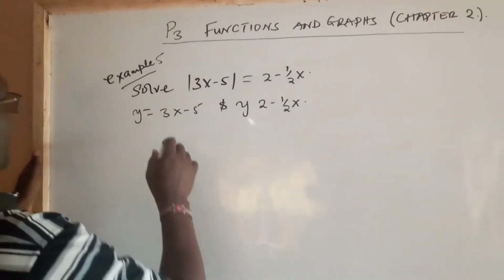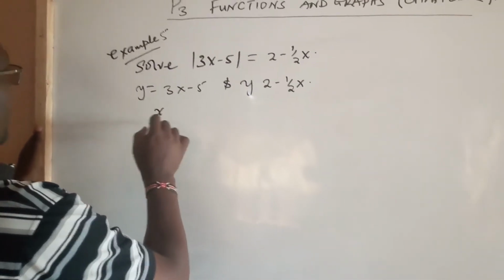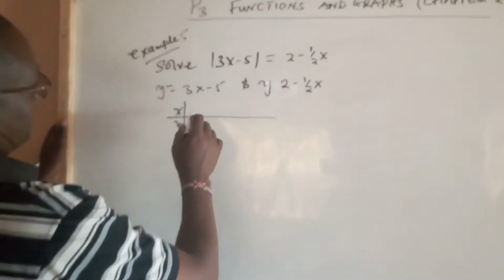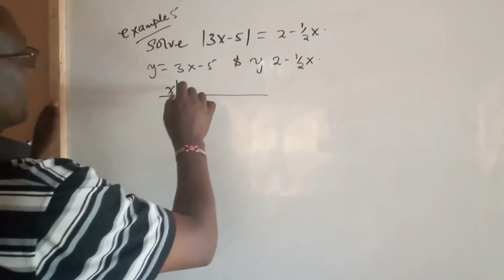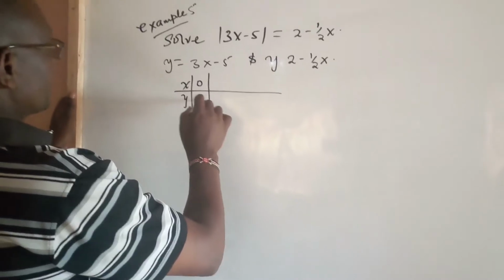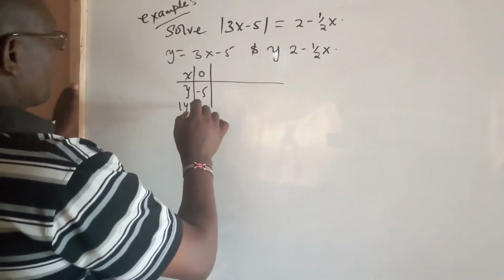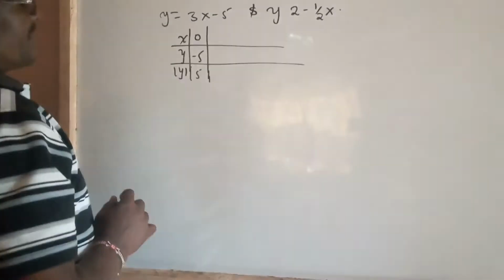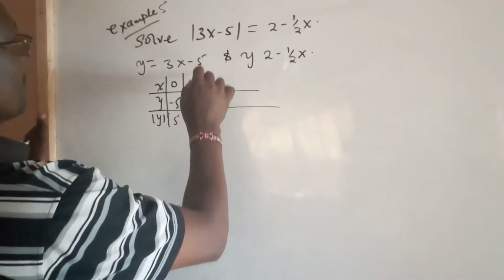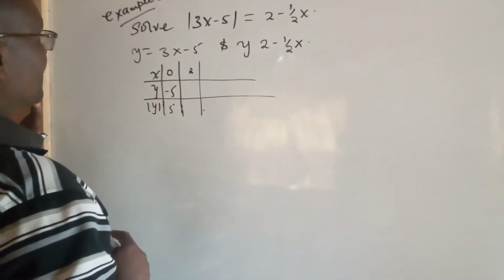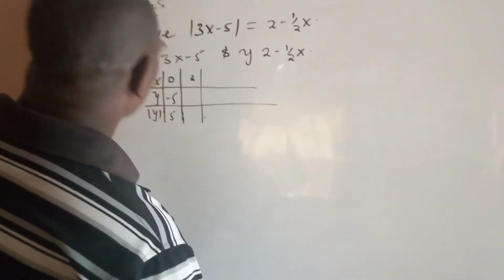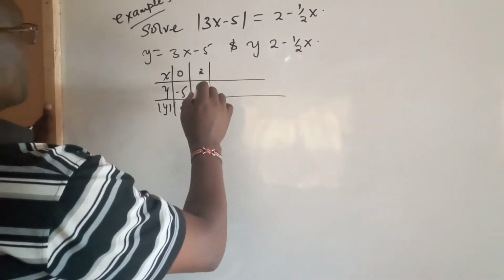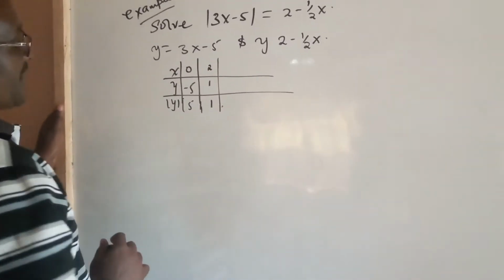If you would wish to tabulate this x and y, you will be able to know that when x is 0, then y is -5, and the modulus of y is positive 5. When x is 2, 6 minus 5 is 1, and the modulus is obviously 1.